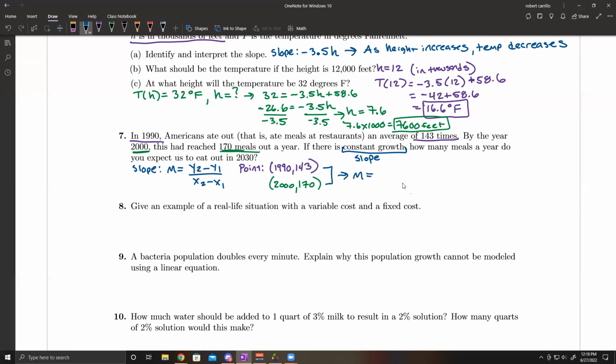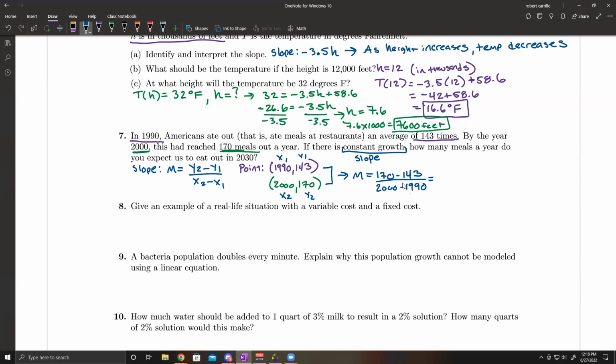We'll have m equals, and if I label everything, there's x1, y1, x2, y2, and my y2 is 170. My y1 is 143 over x2, which is 2000, minus x1, which is 1990.